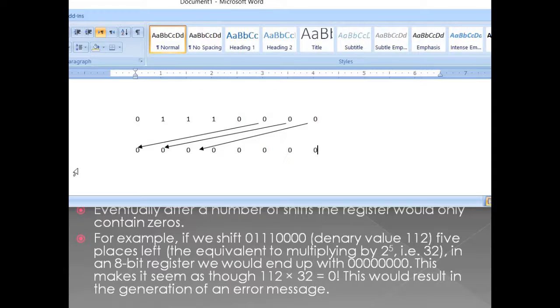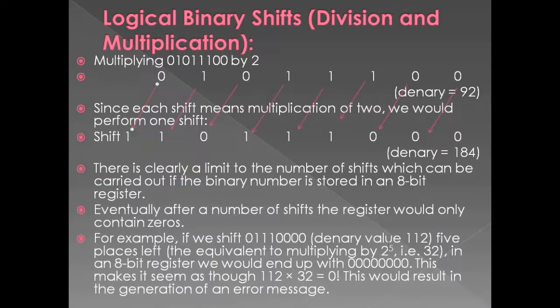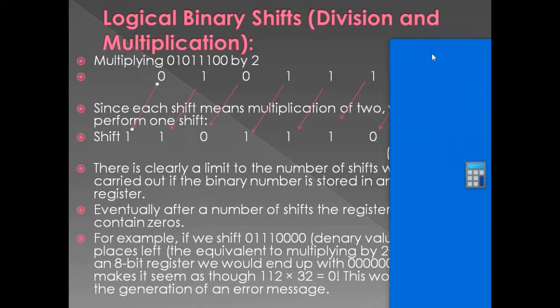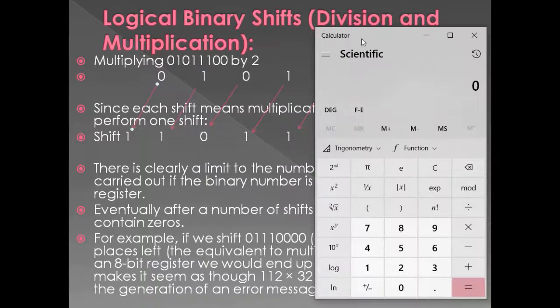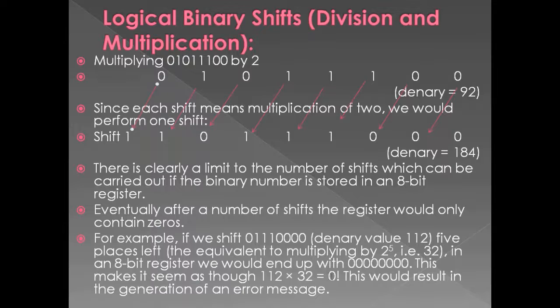So all of it becomes 0. Whereas if you multiply 112 by 32, you should not be getting the answer as 0. See, if I open the calculator and I multiply 112 with 32, I should be getting this answer, 3584. This is never equal to 0, so this would result in the generation of an error message. So just remember, there is always a limit to how much multiplication and division you can perform on a register.